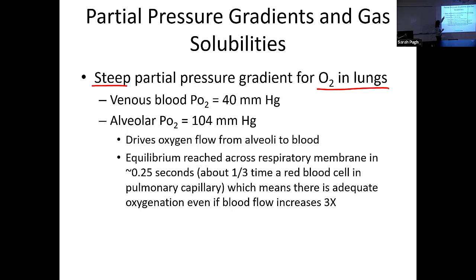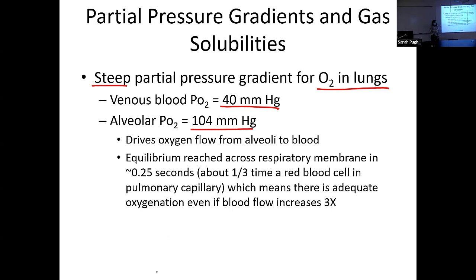So it's very steep for oxygen. So what we find is that in the blood that's coming up to the lungs, the partial pressure gradient for oxygen, the pressure is about 40 millimeters of mercury per oxygen. And in the alveoli, when you breathe in, the pressure of oxygen in the alveoli is 104.